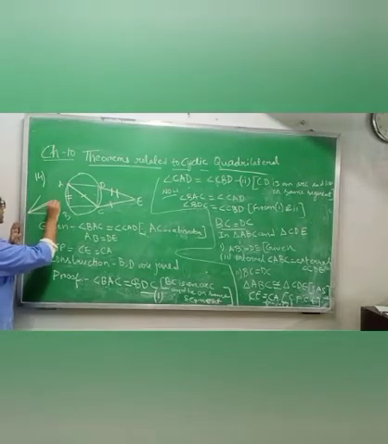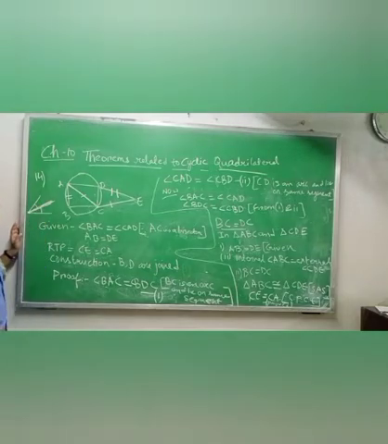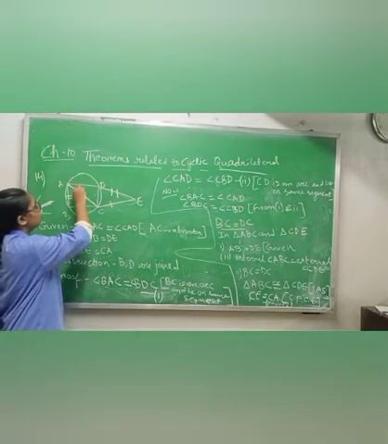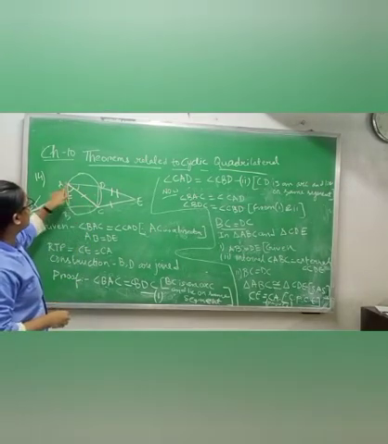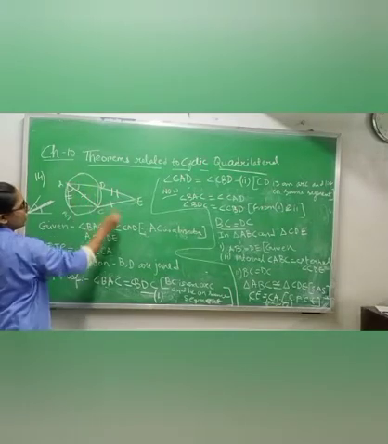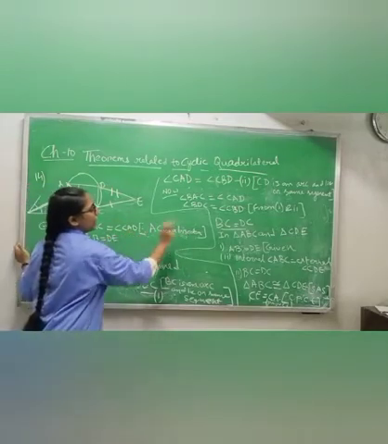It means this bisector will divide this angle into two equal halves. Same thing, AC is dividing this angle BAD into two equal halves. It means BAC is equal to CAD. That is why I have written BAC is equal to CAD. Why? AC is a bisector.